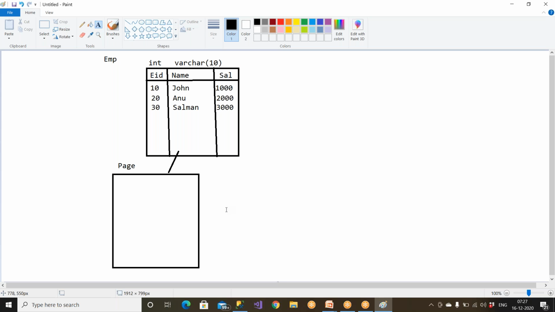That is how the conversion happens internally. You should be aware that when you store the data, it will not get saved as it is. The data will not get saved as it is in the table. It will go to the data file, and the data file will have a page.